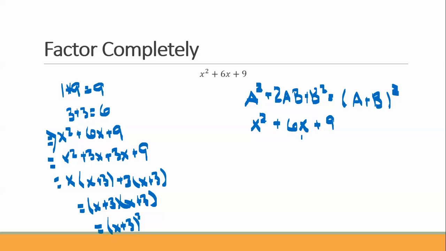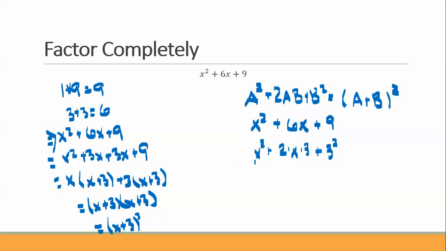So is 6x something where we can get 2 times x, because that's where our a's line up, times something else? So 6 is 2 times 3, so this can be 2 times x times 3. That's equal to 6x, and now we're in this 2ab form. And then our b ends up being 3, and sure enough, 3 squared is equal to 9.